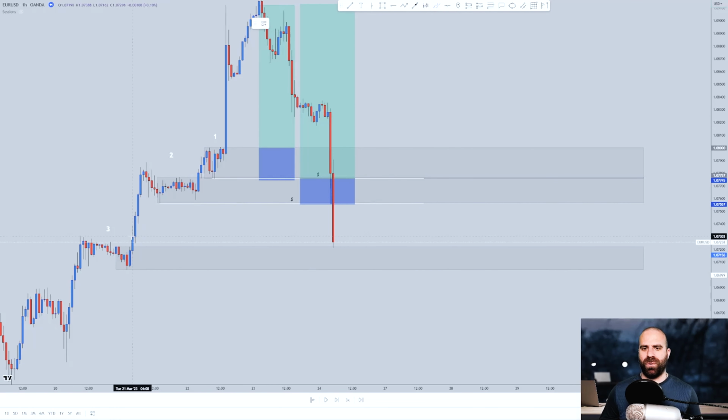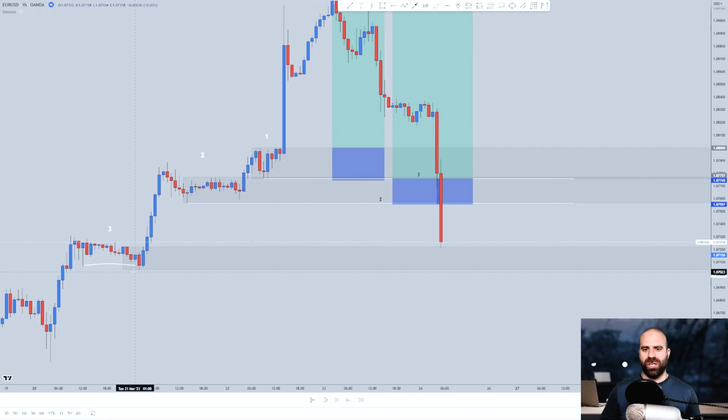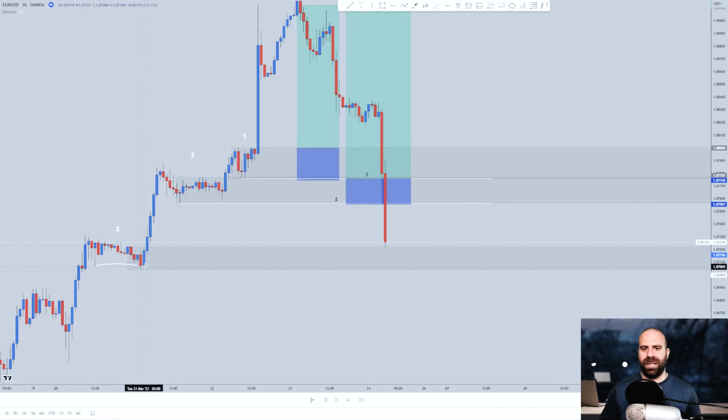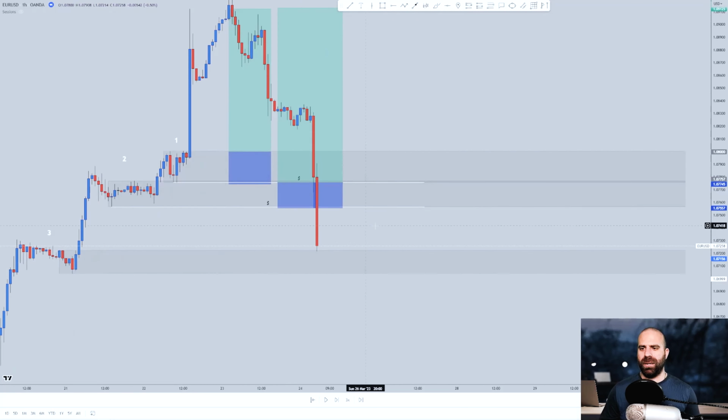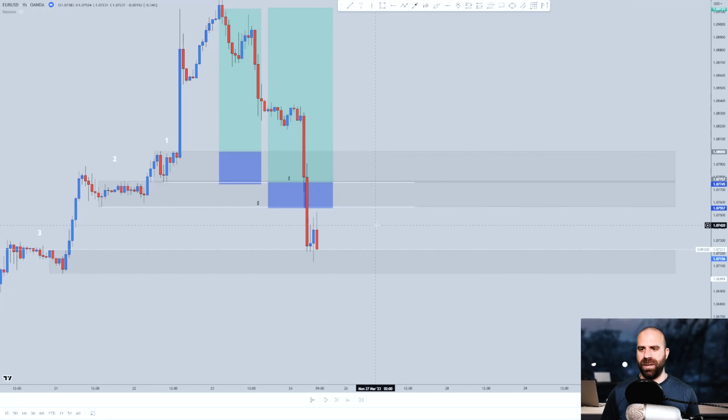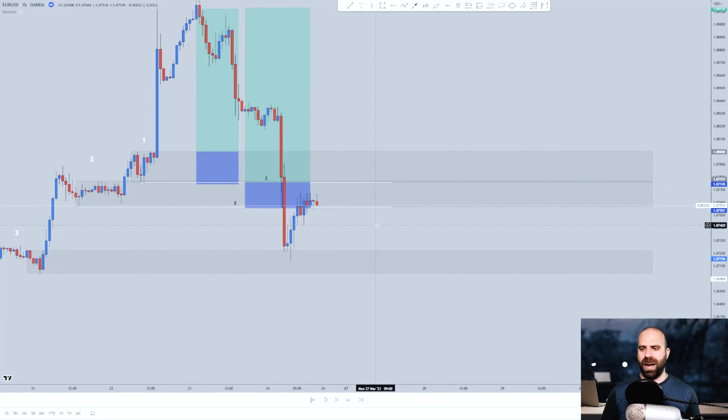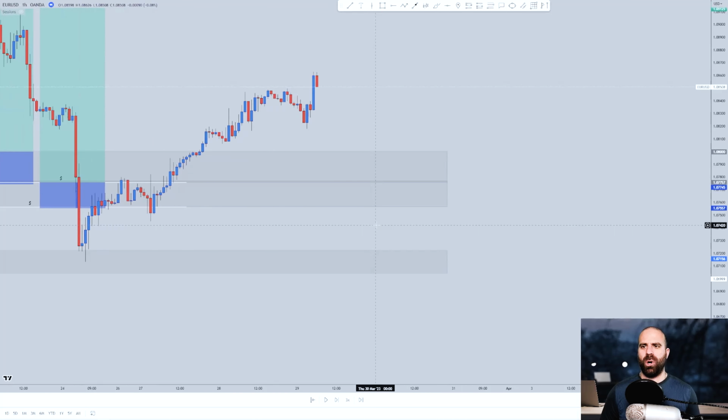It has retraced, of course, in this one, which is a valid order block now. It fulfills all of our criteria. Its lowest point of grab of liquidity, which is this point right here, down here, has not been retested. It broke structure impulsively. Price comes back right here, gives us the proper reaction, and then off it goes.